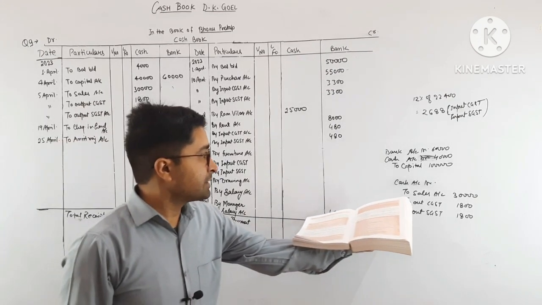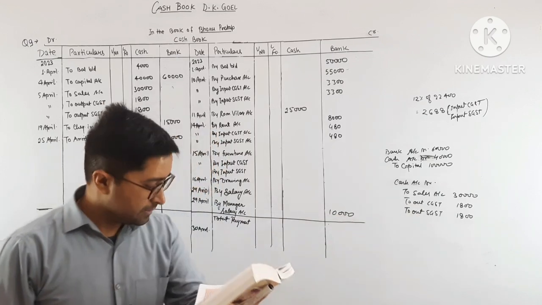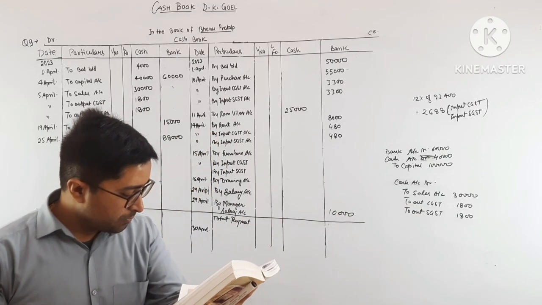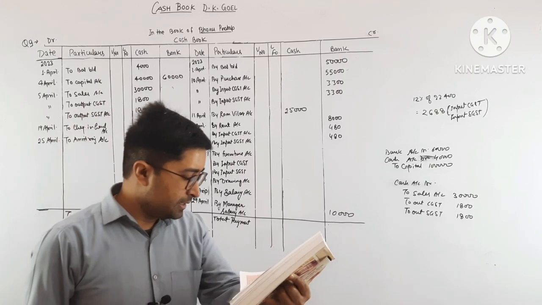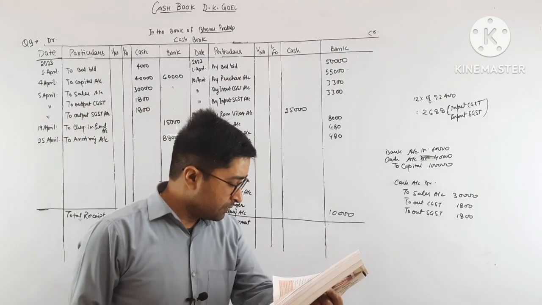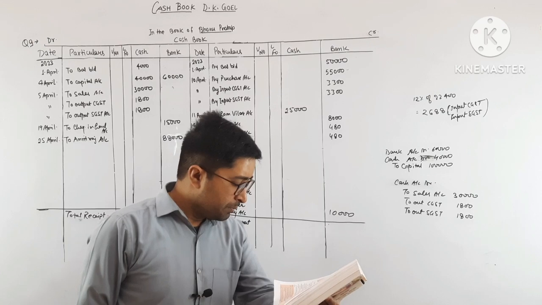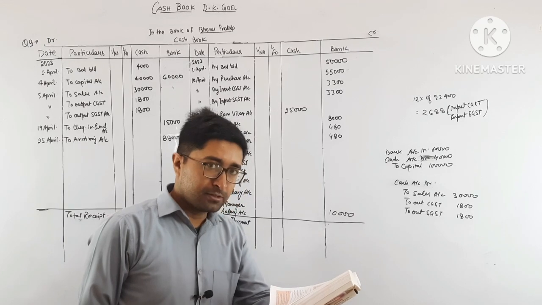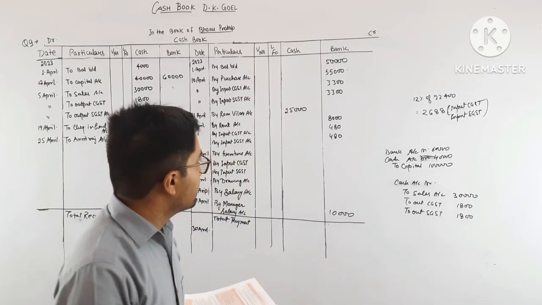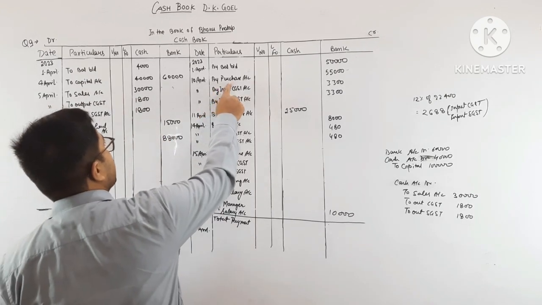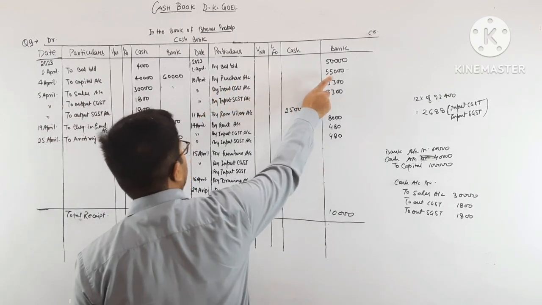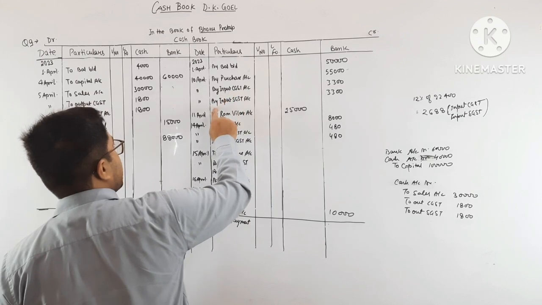Now the next is purchase goods for 55,000. Same as this, but it is the case of purchase. Purchase goods of rupees 55,000 plus CGST and SGST 6% each and issue a check for the same. ठीक है, we pay this by the bank check. ठीक है, so the entry will be purchase account debit 55,000, input CGST and input SGST.